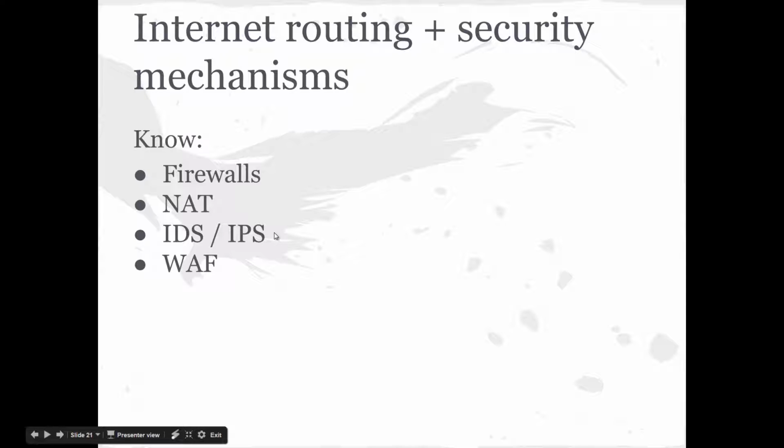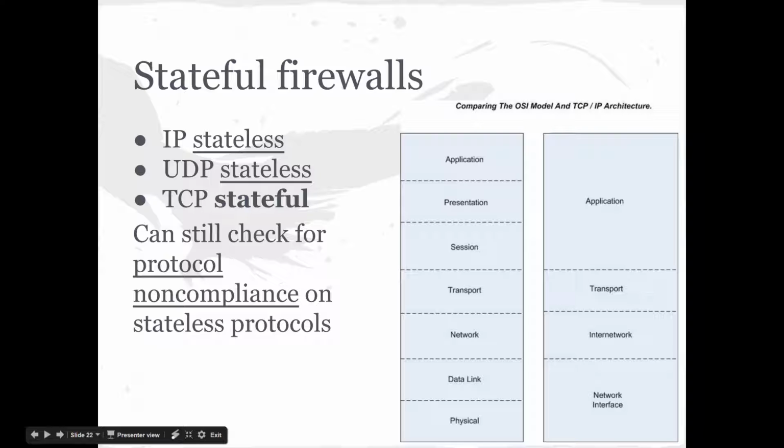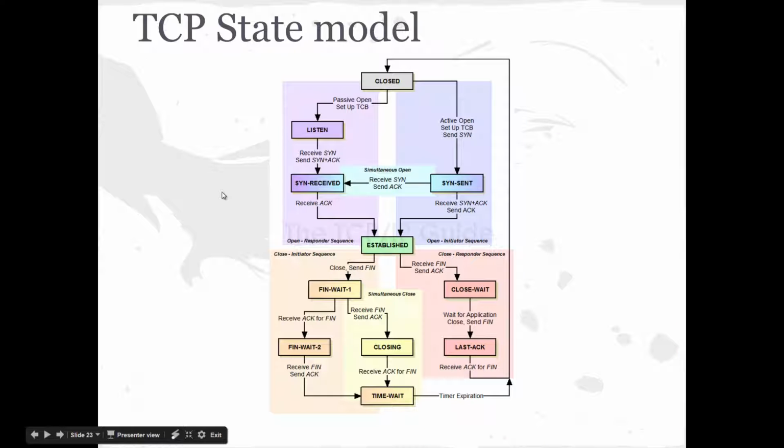You should understand IDS and IPS evasion, evading known signatures, polymorphic techniques, and so on, and the flaws of web application firewalls. You should understand stateful firewalls. IP is stateless. UDP is stateless. TCP is stateful, and therefore a state machine diagram such as this is often built by firewalls to detect invalid state transitions, say from any of these boxes to any other box that doesn't have a valid arrow.